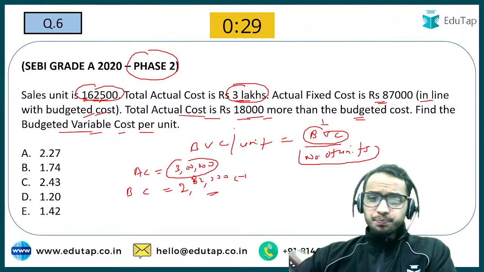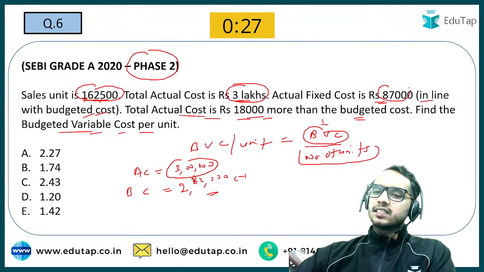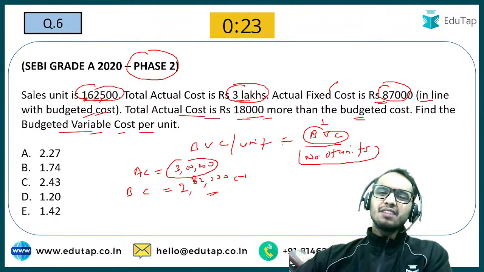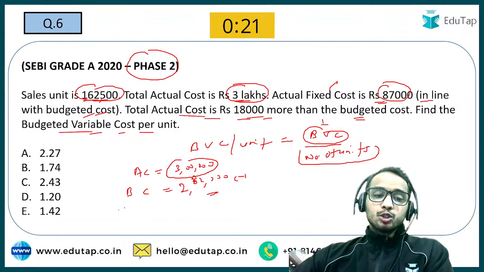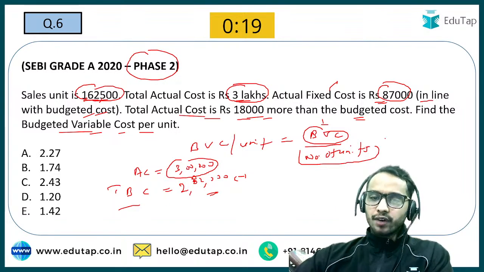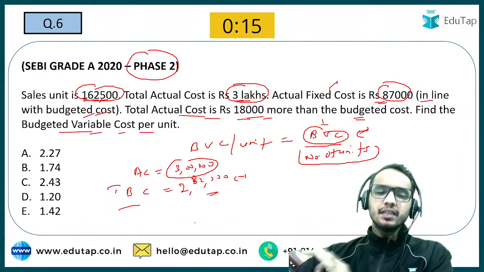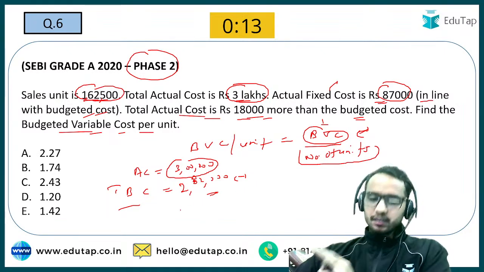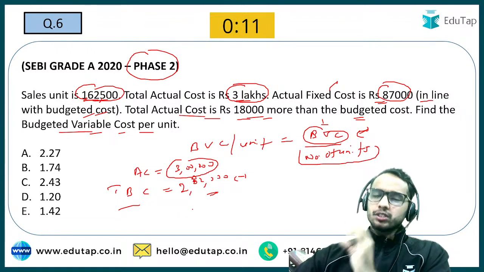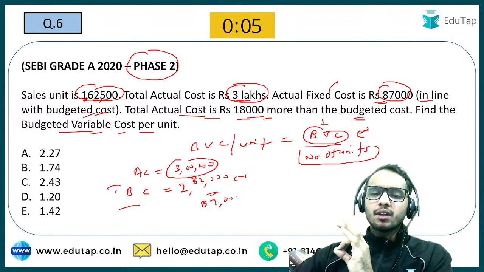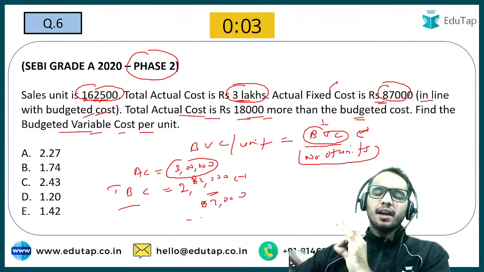Now it says actual fixed cost is equal to the budgeted cost. So again, very easy. Then what you are going to do, total budgeted cost you have, and you have to find out the budgeted variable cost. Very easy. So you are going to deduct this budgeted fixed cost from the total budgeted cost. So you are going to deduct 87,000 from this 2,82,000.